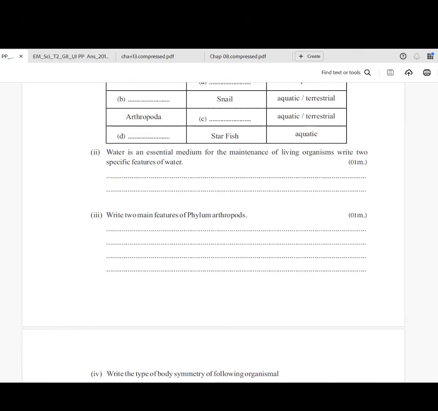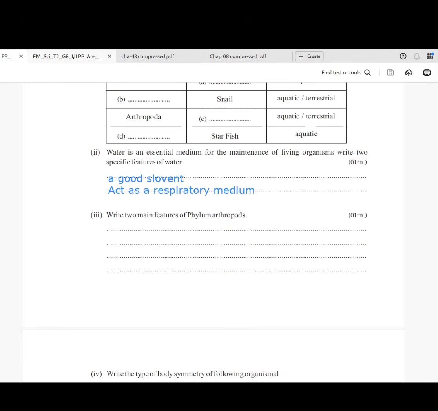Water is an essential medium for maintenance of living organisms. Write 2 specific features of water. A good solvent. Another one is that it acts as a respiratory medium. You can write any other answers as given in your textbook.